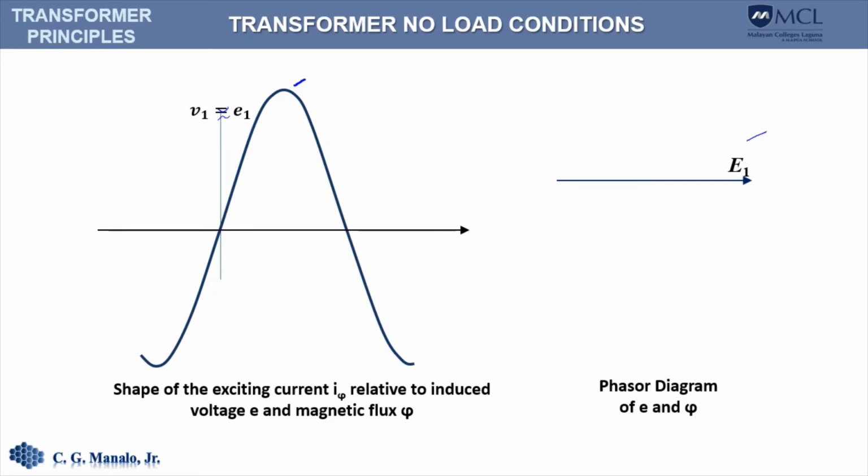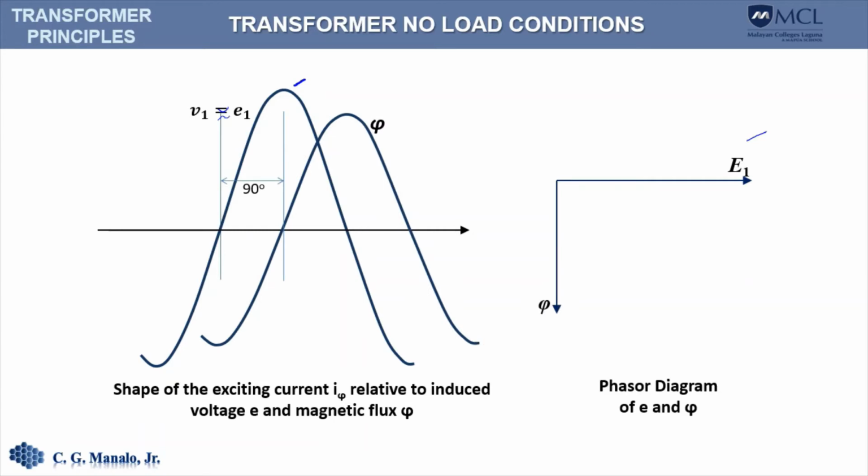Now, here we have the flux inside the core, and the flux is also sinusoidal, but it is leading the applied voltage by 90 degrees. If you go back to our previous slide, you'll notice that that flux is actually leading the applied voltage by 90 degrees. And since it is leading, we therefore draw the flux phasor as this.